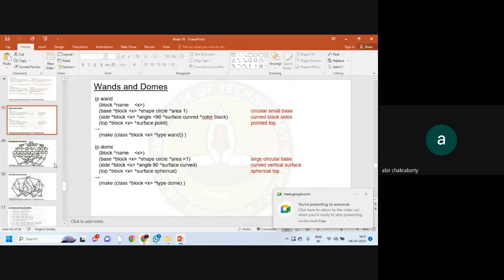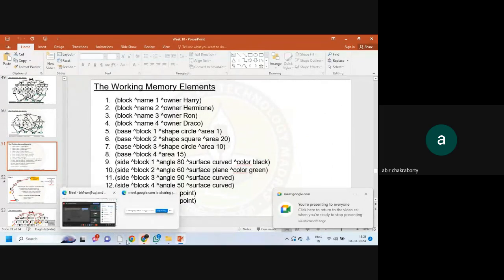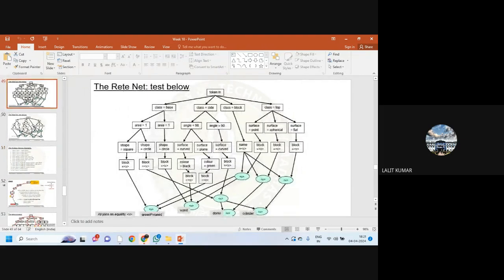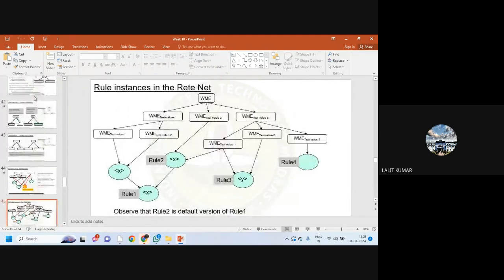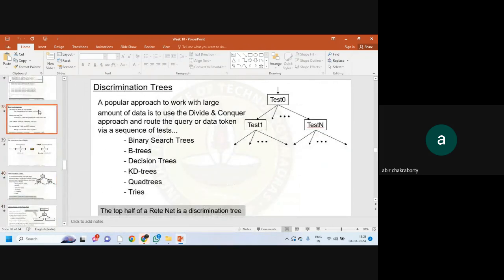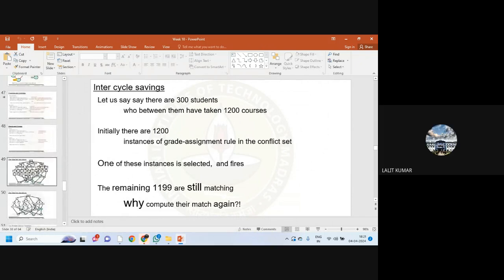Is it the one with wands and domes? No, no, this is different. Working memory elements, slide 51.